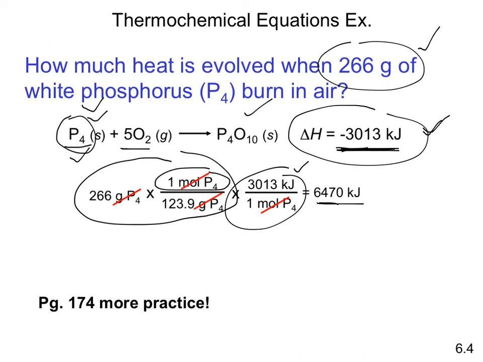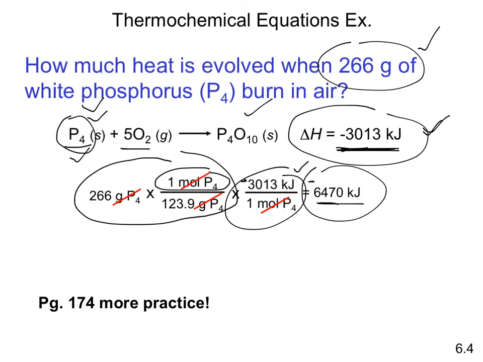given this molar amount. Now notice also that we probably should have indicated a negative value here on our conversion factor. So our answer should be negative 6,470 kilojoules because it's the amount of energy that's released when we burn that in the air. Knowing that this is an exothermic reaction, that makes sense.